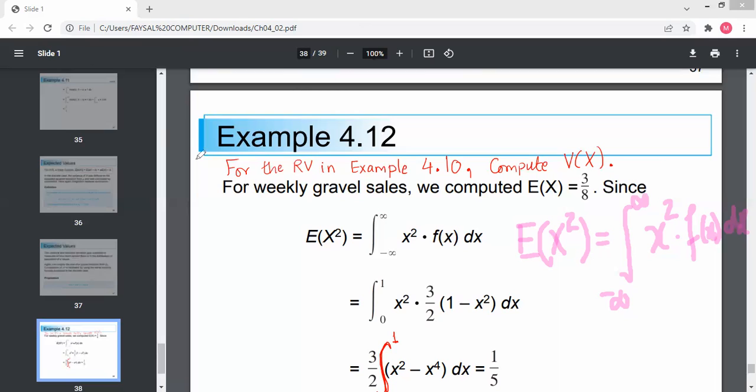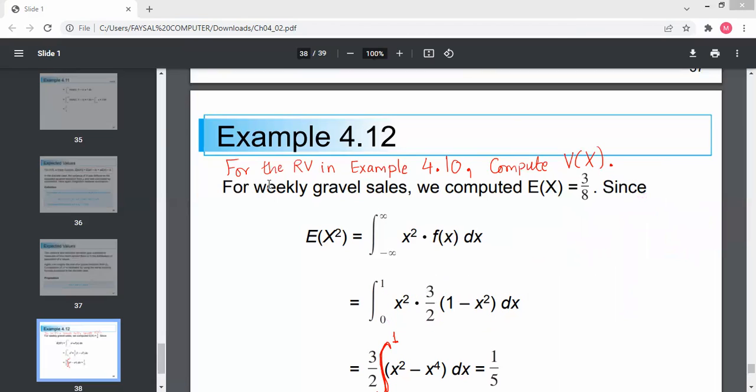Okay, so it will be x square, this is the x square value, and this is the function value.